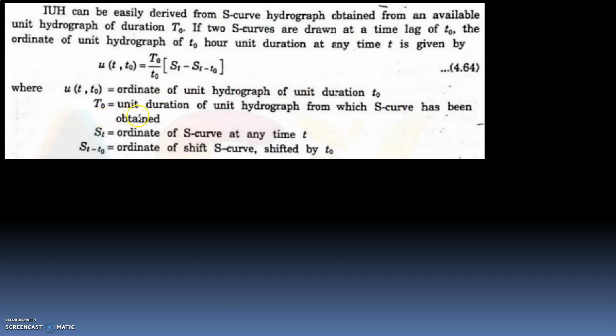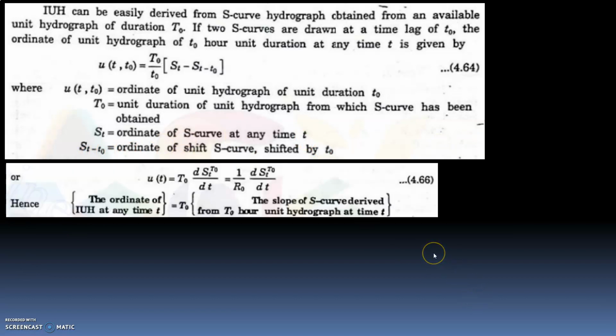Capital T0 is the unit duration of the unit hydrograph from which the S-curve has been obtained. S(t) is the ordinate of the S-curve at any time t, and S(t − T0) is the ordinate of the S-curve shifted by T0.